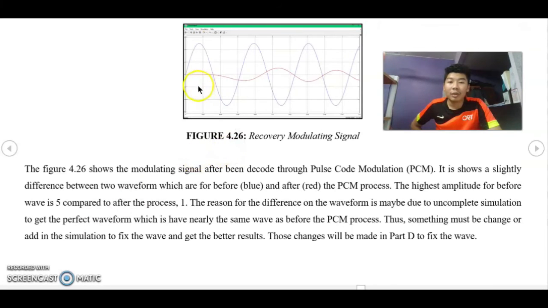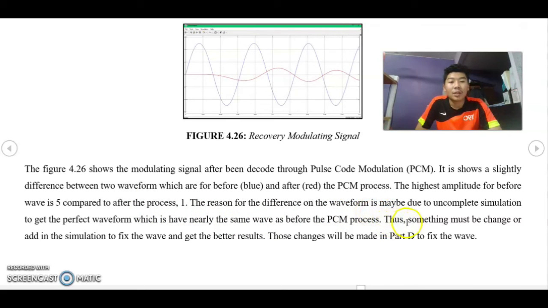Same as before, blue is before the PCM process, and red is after the process. The highest amplitude for before is 5, and for after is only 1. It is also the same reason, maybe due to an incomplete simulation to get the perfect waveform, which has nearly the same wave as before the PCM process.